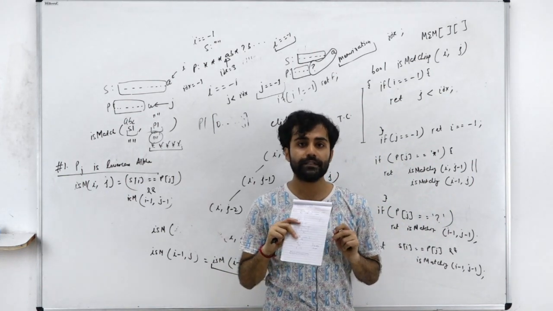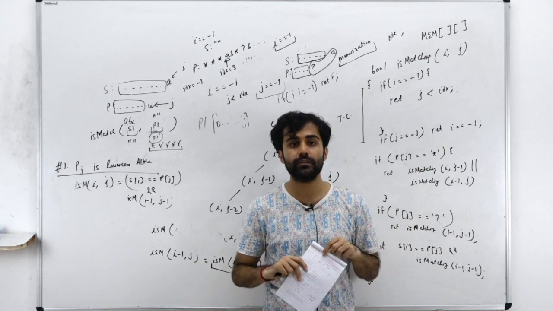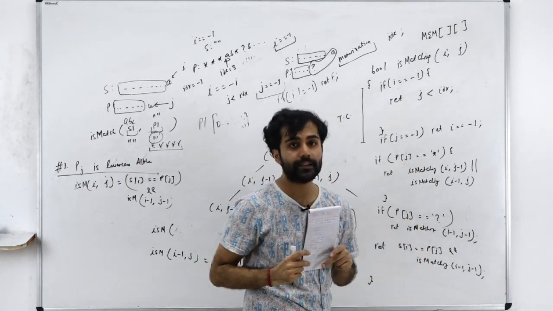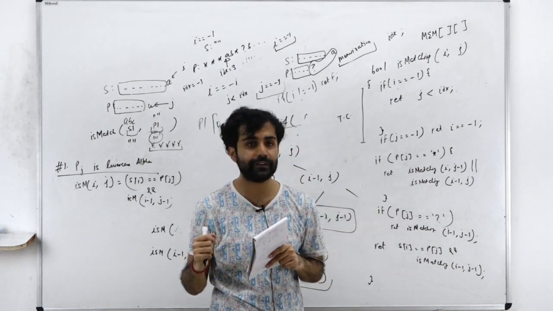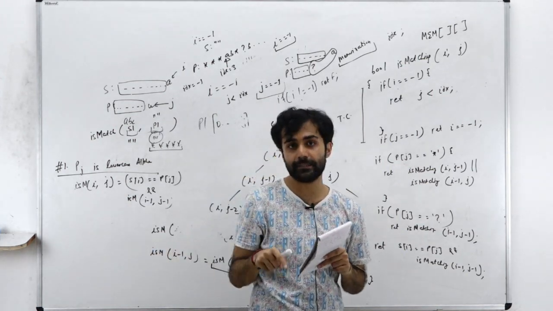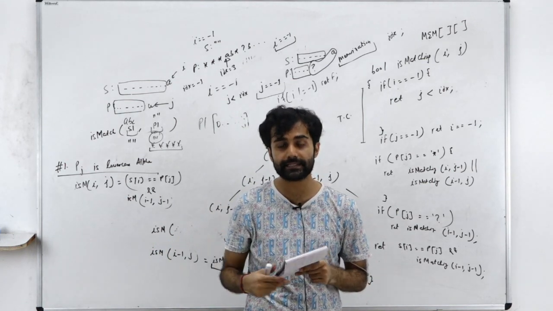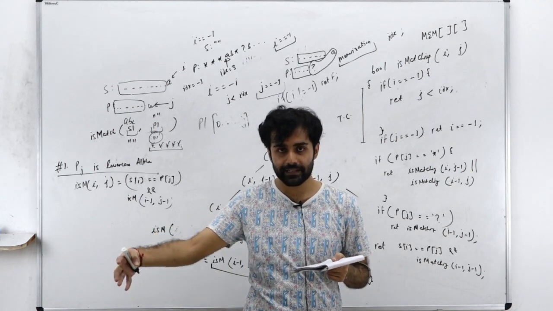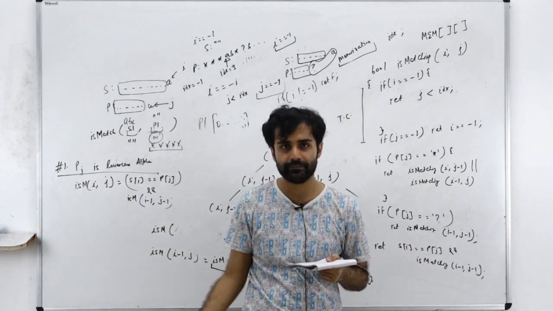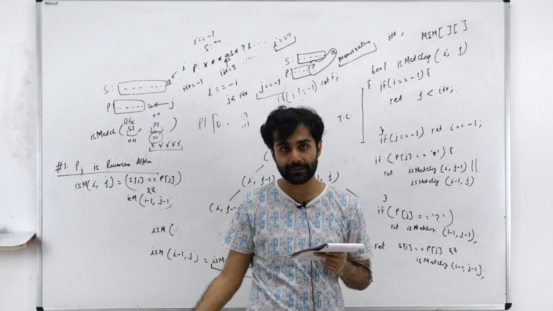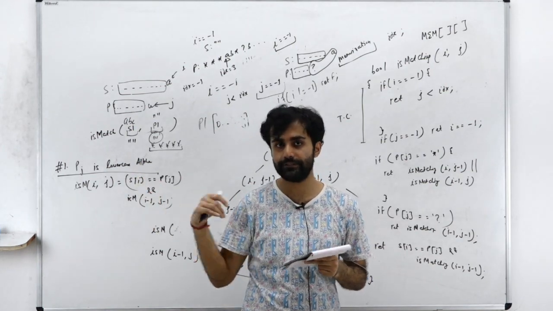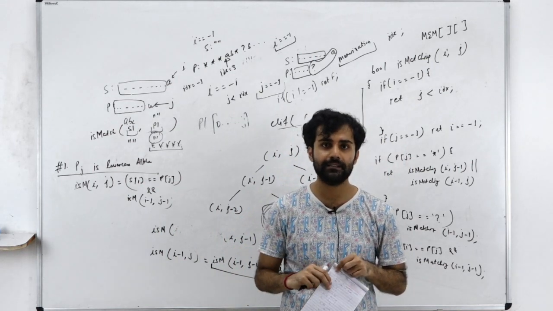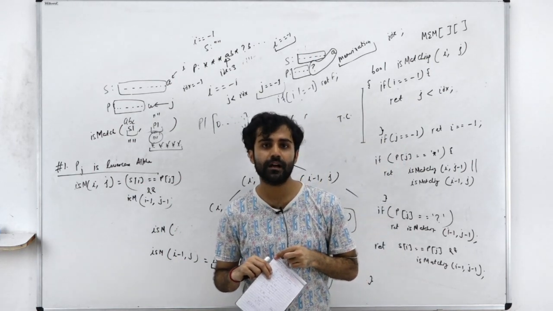Once you initialize it, whenever a call is made, you can first check whether mem of i, j is garbage or not. If mem of i, j is garbage, then all you have to do is solve it and store its solution in mem of i, j. And if it is not garbage, that means it was solved earlier, so you should simply return it. That's all the logic that lies in memoization.